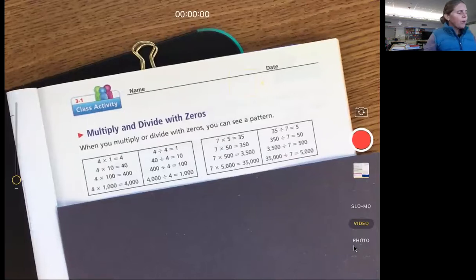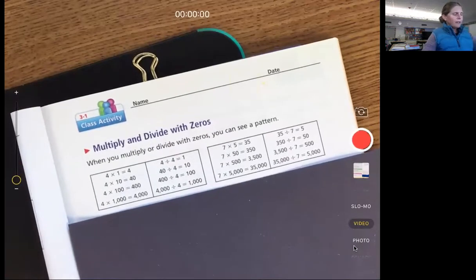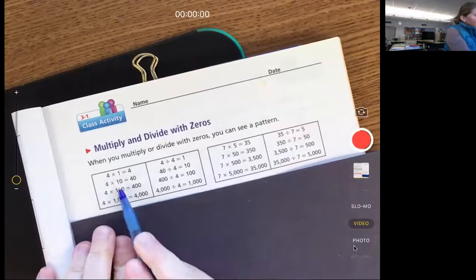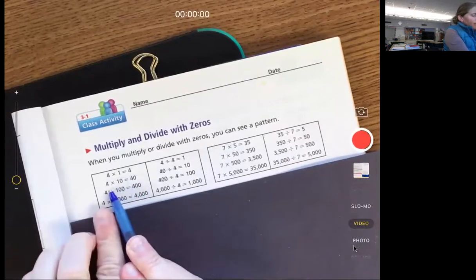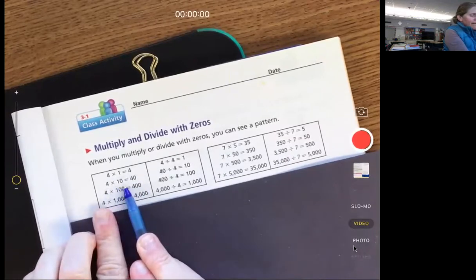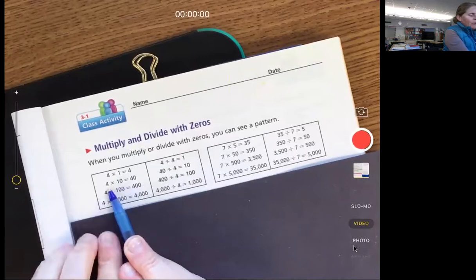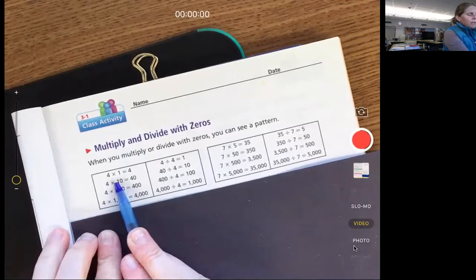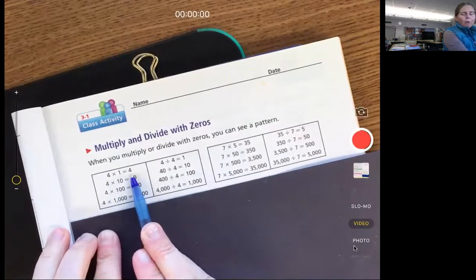And I hope that one of the things you're noticing is just like when we multiply with zeros, you're noticing that you can always take the base number and you can do that operation. So 4 times 1, of course, these are both ones, is going to simply equal 4.